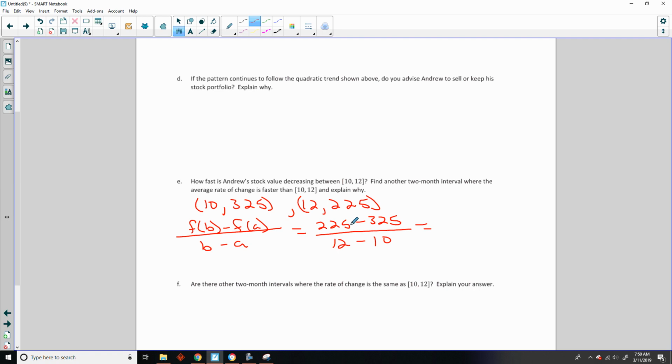And that would equal 225 minus 325, which is a negative $100,000 over a 2-month period, which is a $50,000 per month loss.